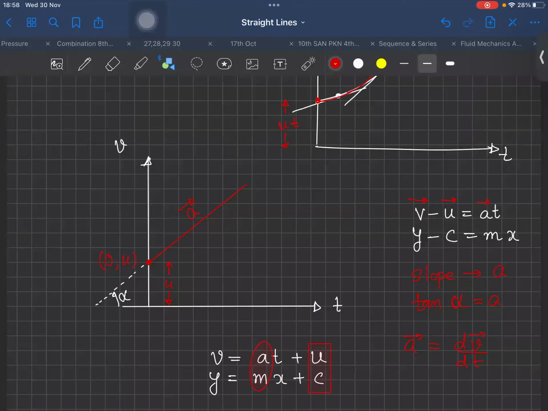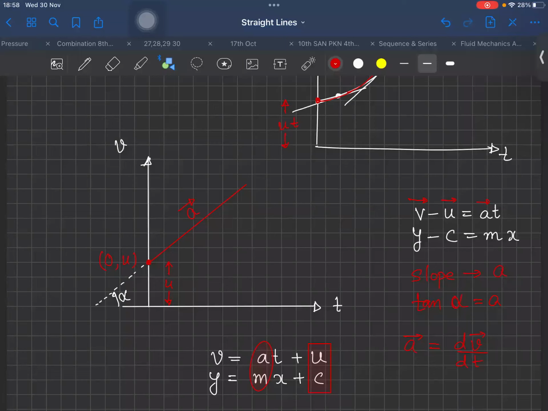And this is your intercept. u is your intercept. So write down, u is nothing but your initial velocity. That is, c is the initial value of y, or we call it the intercept. Mathematically you can extend this line towards the negative axis, but in a practical time graph, time does not go back, so we do not extend it to the negative part.